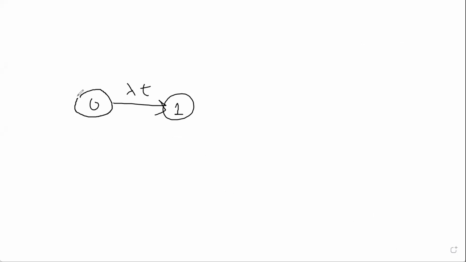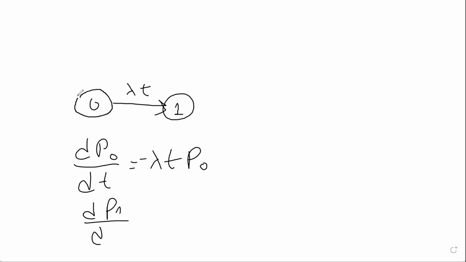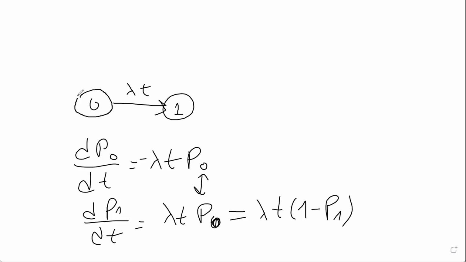So we can also perform our master equation. dp0 over dt is equal to minus lambda t times p0, and dp1 over dt is lambda t times p0, because it's the same but positive. That is the same as lambda t times (1 minus p1), because the sum of both probabilities is 1.